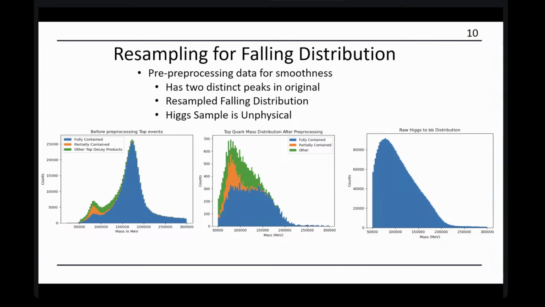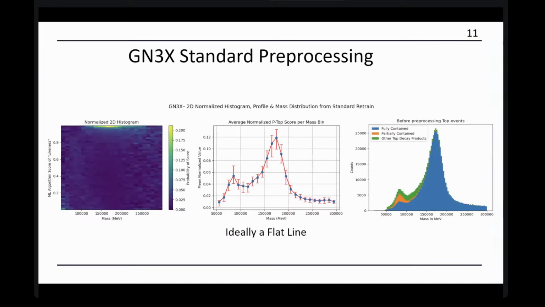Otherwise, it's just going to learn this top quark, this Higgs. An example actually looks more like this. And there's a slight problem here where the partially contained has a peak over here at the W boson mass. And I'll explain why that's a problem.